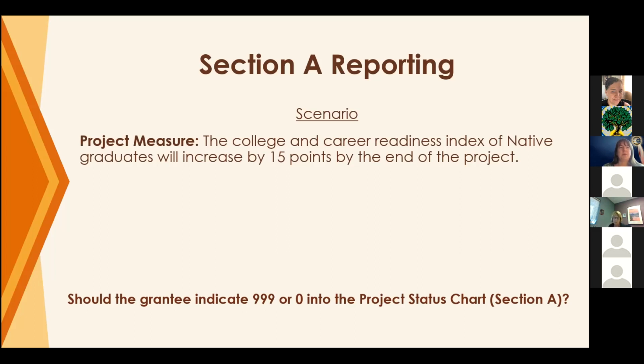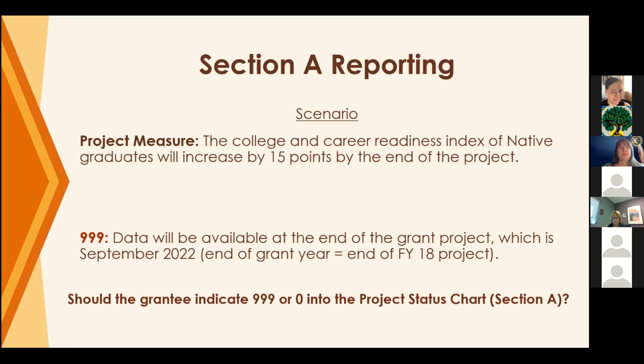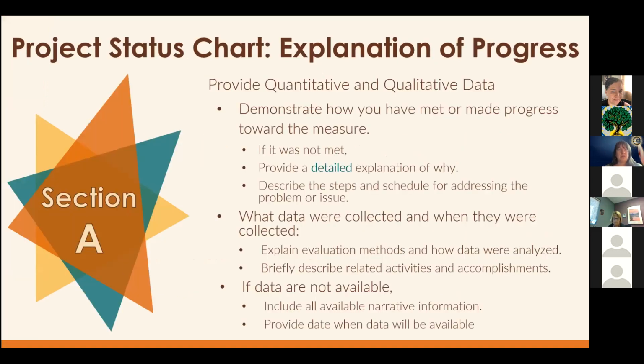Yep, there we go. You are absolutely right, 999. The data will be available by the end of the project, which is September 2022. So for this year, for the fiscal year 18 cohort, the end of the grant year is also the end of the grant project. Okay. Very good. Thank you for all your participation there.